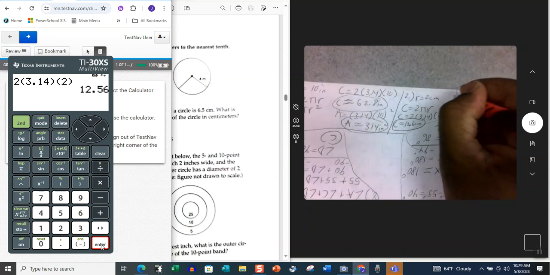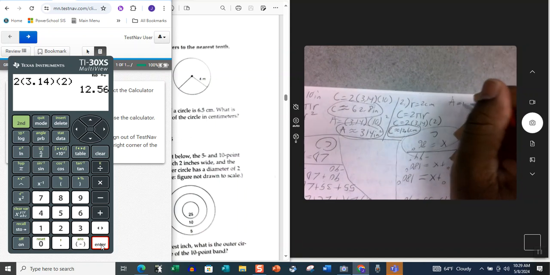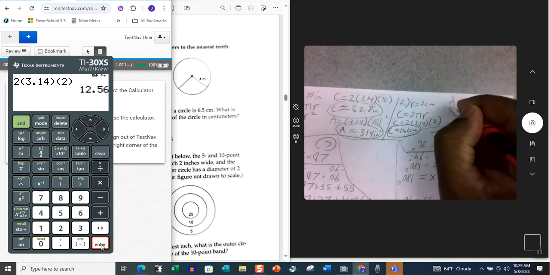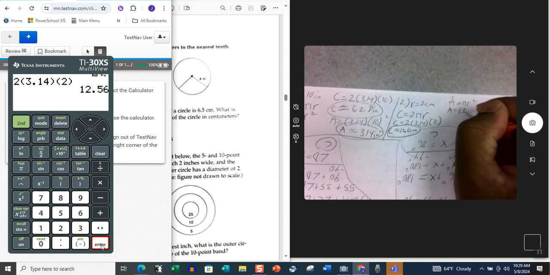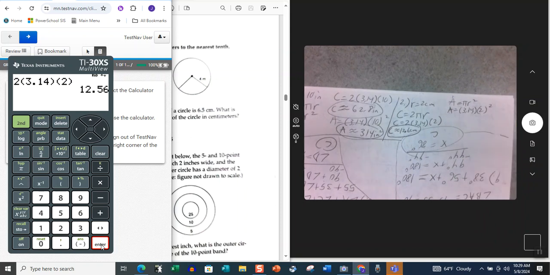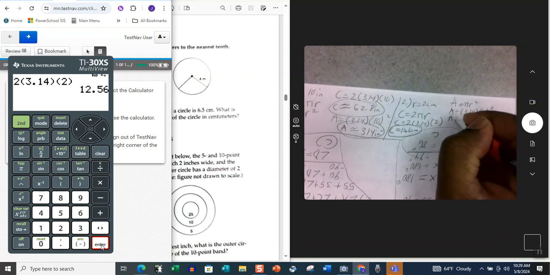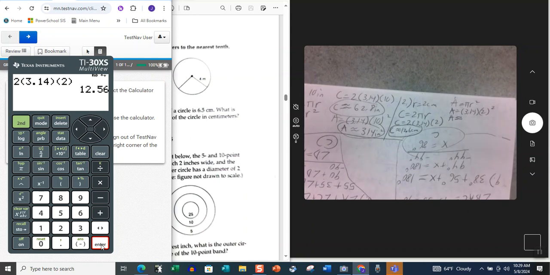Now we do our area. We know our area is pi radius squared. Our area is equal to pi, which is 3.14, our radius is 2, and we square it. So we put that in our calculator: parenthesis 3.14, close our parenthesis, 2, hit x squared, enter.